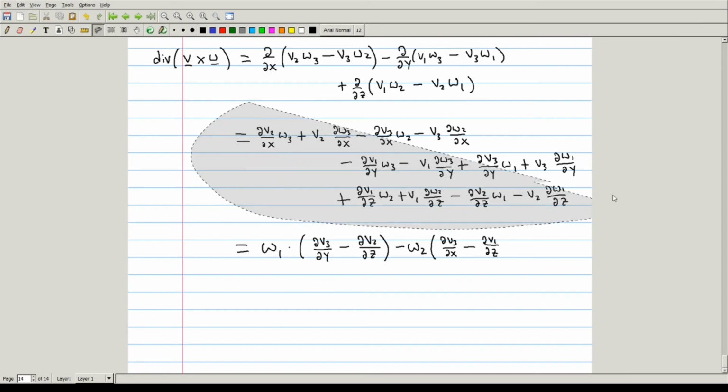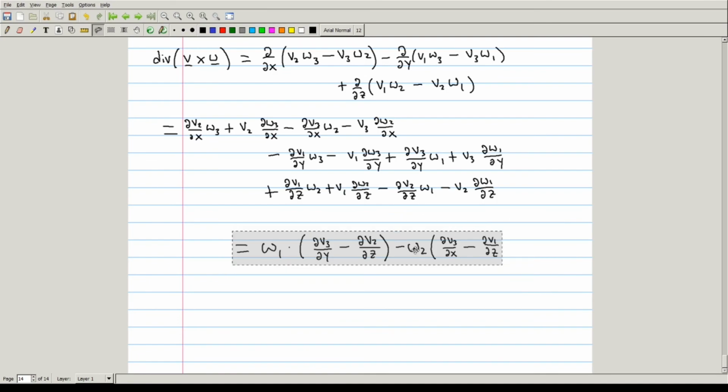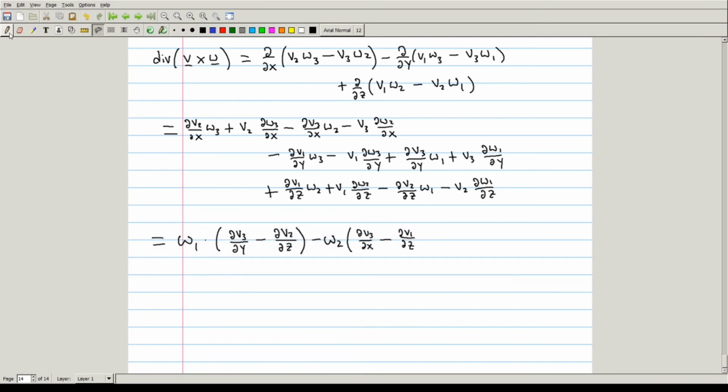Let me add a little bit more space here. Now for our third component, which is W3 times, and our W3 here is we have dV2 dx minus, and then W3 here is dV1 dy.